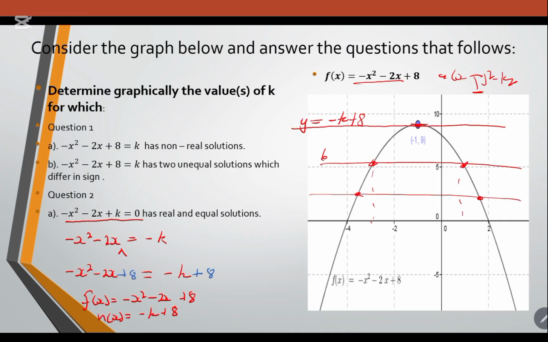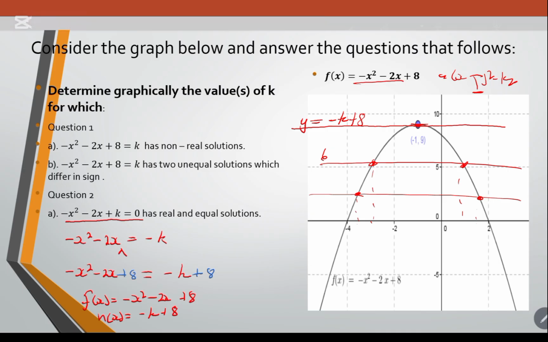If the value of y here is 2, the value of x here is negative 3.5, the value of y here is positive 1.5. So where is this graph having one solution? It is only at the turning point. Therefore, if the constant line is equal to the value of y at the turning point, there will be one solution. Therefore, the roots will be equal.